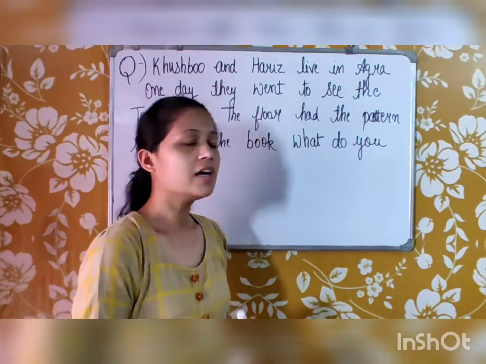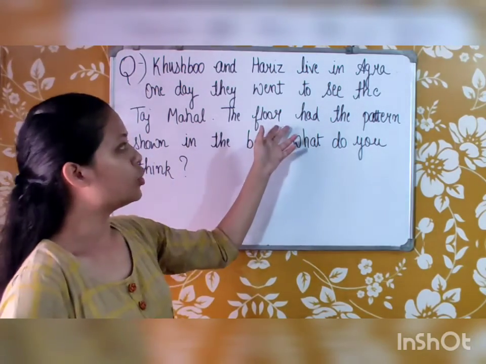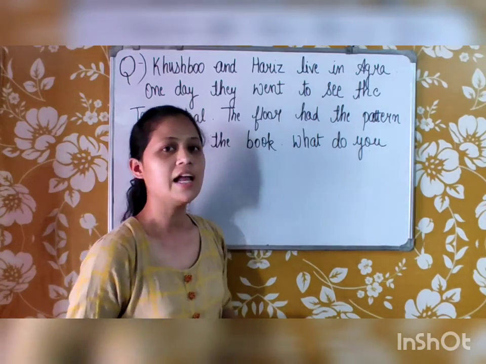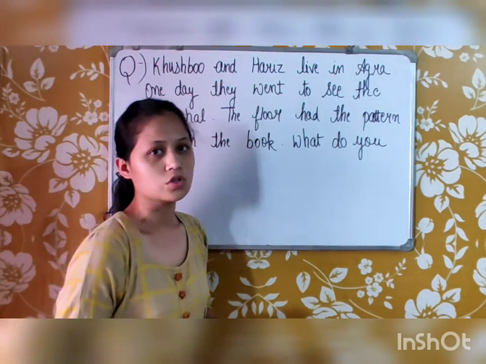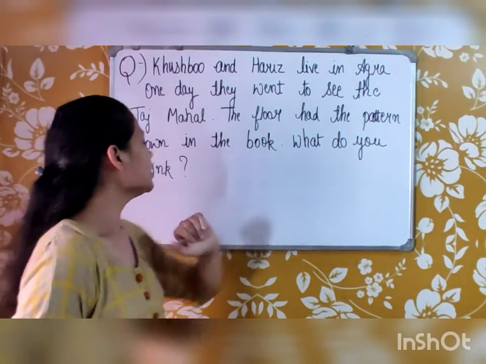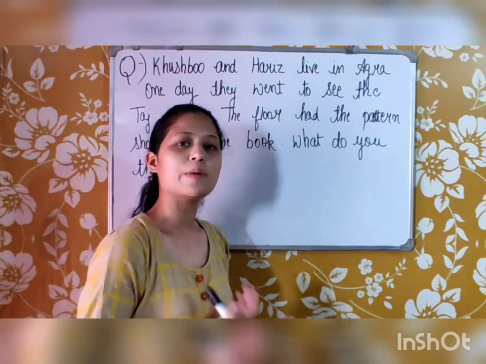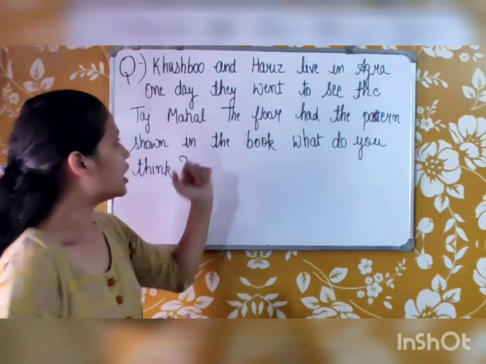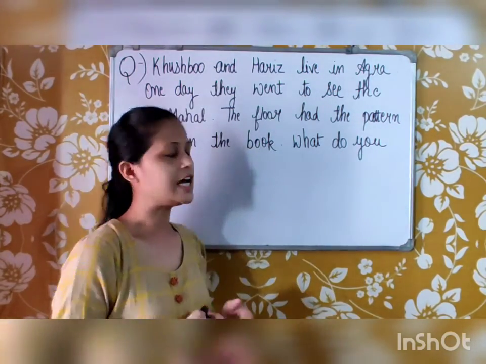When they went to the Taj Mahal, they saw that the floor had different patterns, and that pattern is shown in your book. So you can see that in your book. Now we have to tell what we think: are those patterns different or the same? In the Taj Mahal floor, have they used different kinds of tiles or the same tiles?